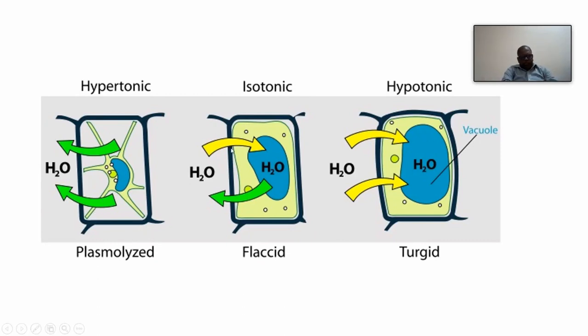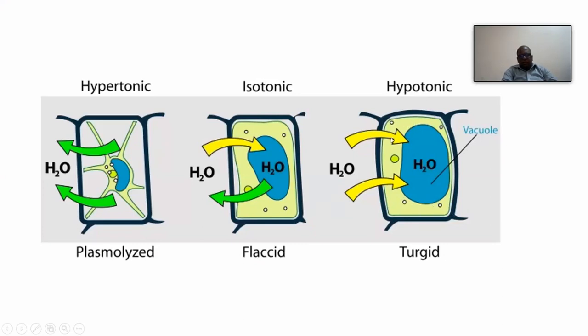Okay. In isotonic, water moves both ways. It comes and goes, comes and goes. There is no static movement. It is a circular movement. This we call flaccid. Then hypotonic: that means high water concentration, when you put the cell in, water gets inside, and the cell becomes turgid.